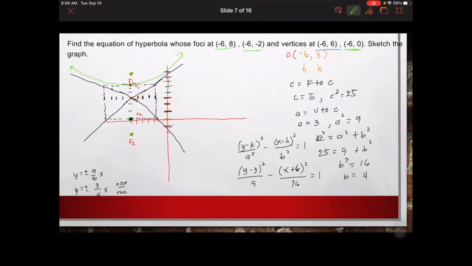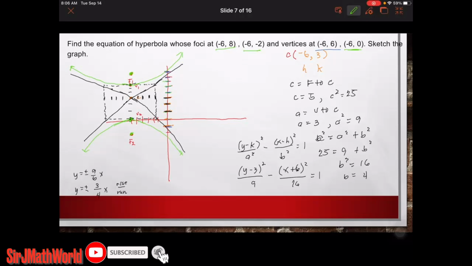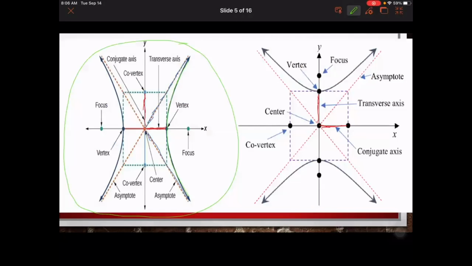Then, pababa from the vertex. Okay po. In short, ito siya. Ito talaga. Ayan.